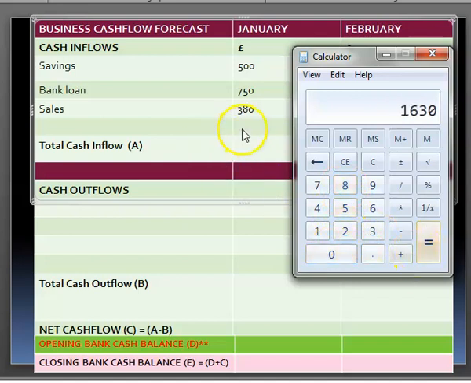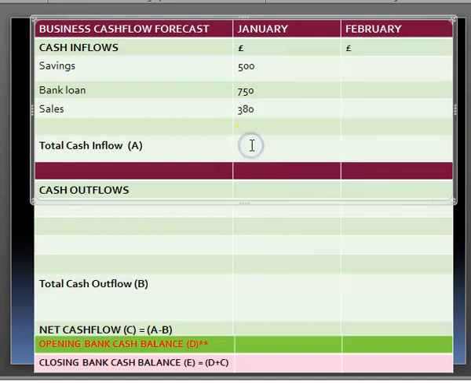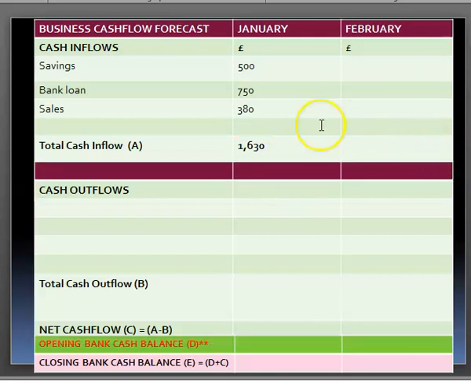So everything came to 1,630. We put the 1,630 there. That is the total cash inflow, the whole amount that they received in January.